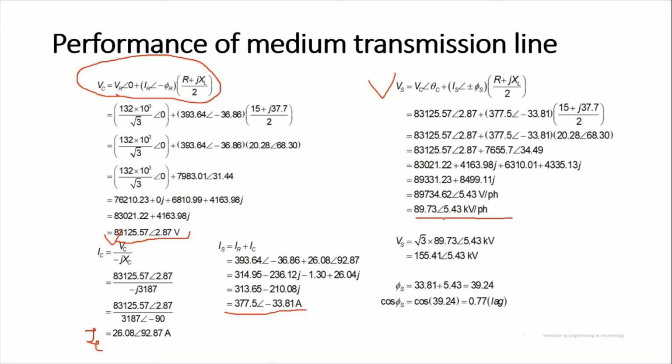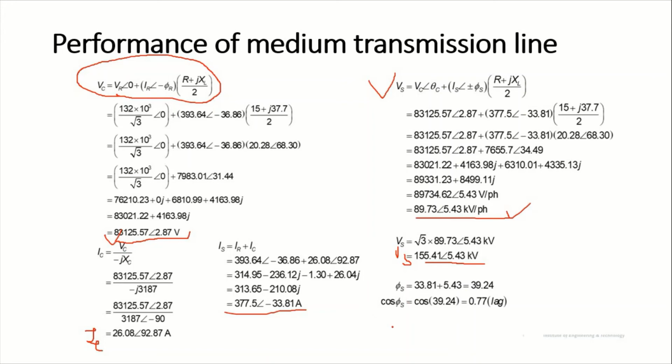Clear? This is a phase voltage. We have to convert it into line voltage by multiplying by root 3. So the line voltage of the sending end voltage is 155.41 angle 5.43. Now we have to find phi s.